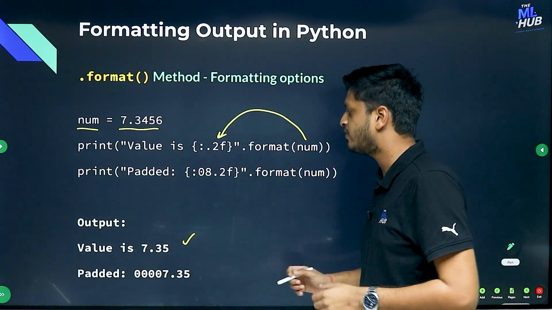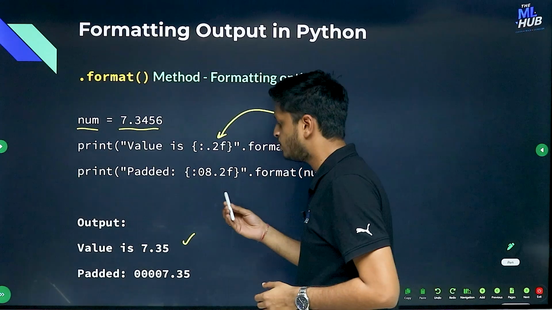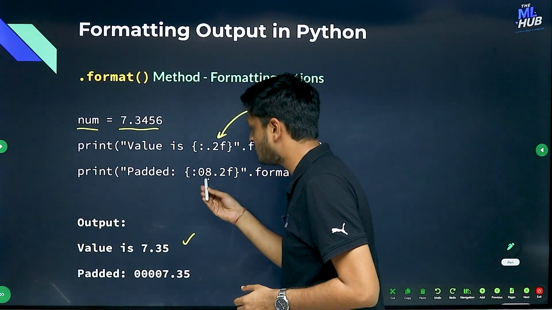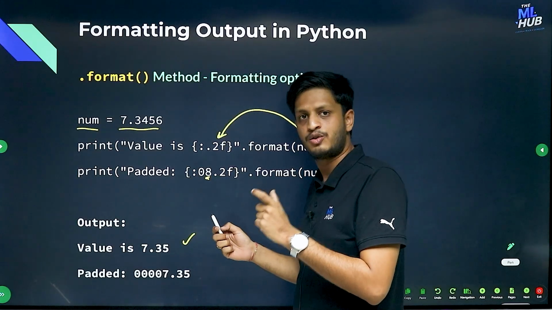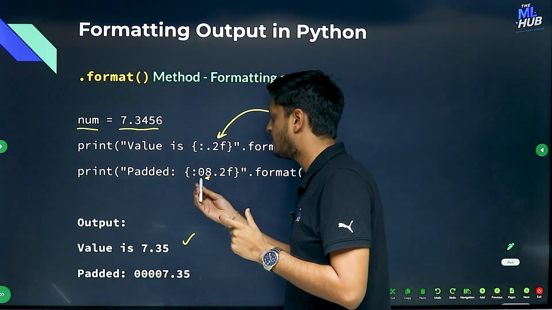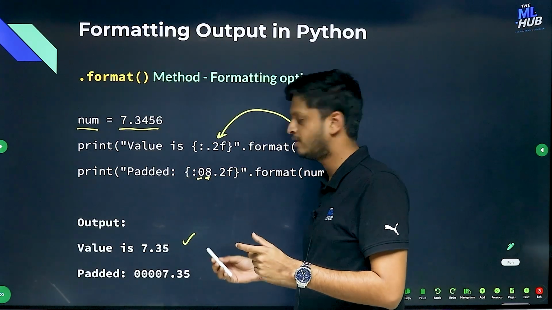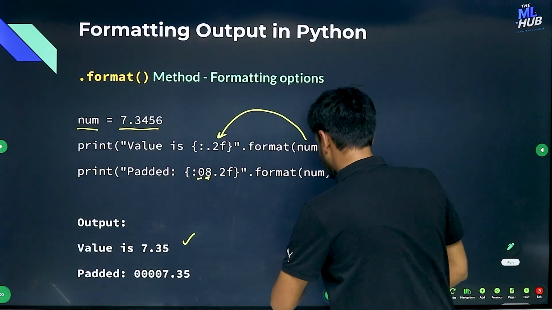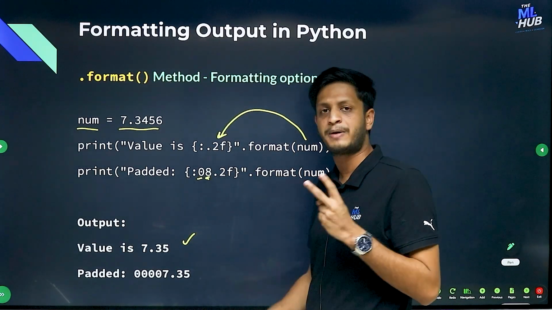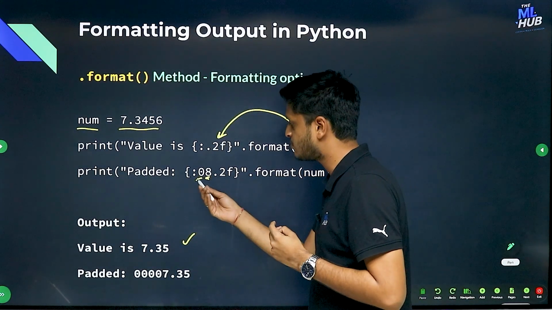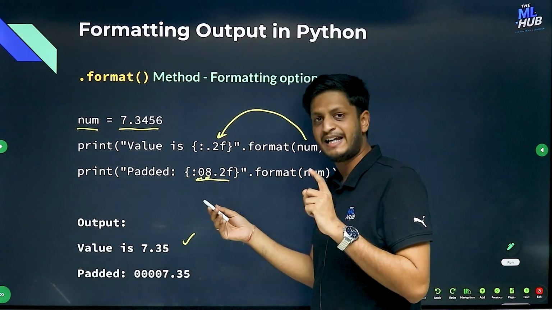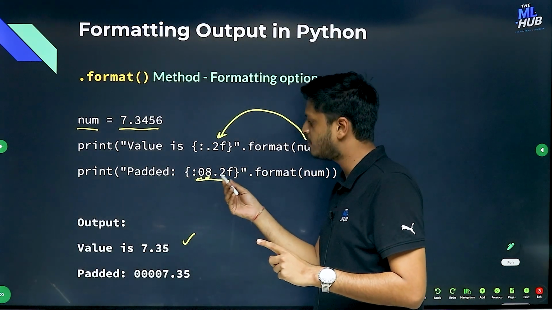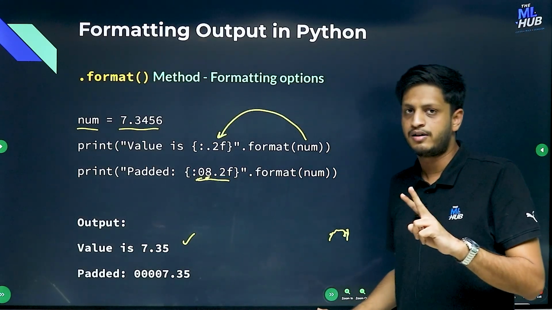Similarly here, what we are saying, we want to use exactly 8 spaces to print the floating point number, and we have to pad with zeros. And after the decimal place, I have to print only 2 decimal places. So that is what the formatting is. We have to pad with zeros, we have to use exactly 8 spaces, and after the decimal point, you have to use 2 places.